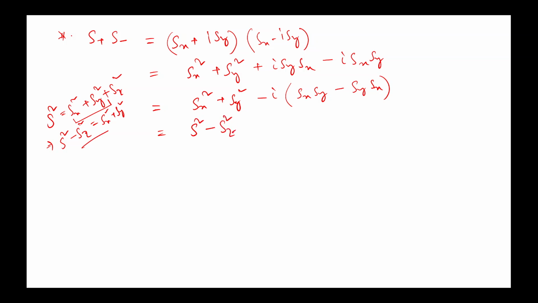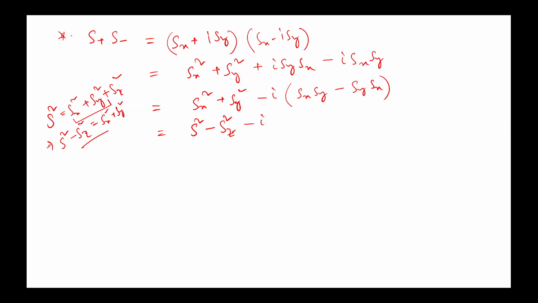It is always better to write anything in the form of S square and Sz square, because the eigenbasis that we are dealing with, S comma ms, are actually the eigenfunctions of S square and Sz. So it is always a better idea to write all the things in terms of S square and Sz if it's possible.